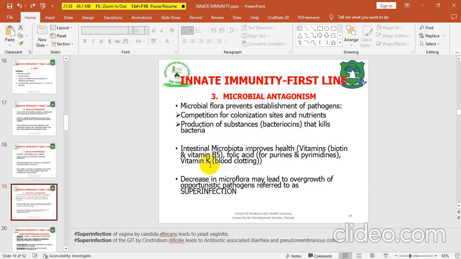Then vitamin K. So these are the substances the normal microbial flora produce. Then a decrease in normal microflora may lead to overgrowth of opportunistic pathogens, and this is referred to as superinfection.